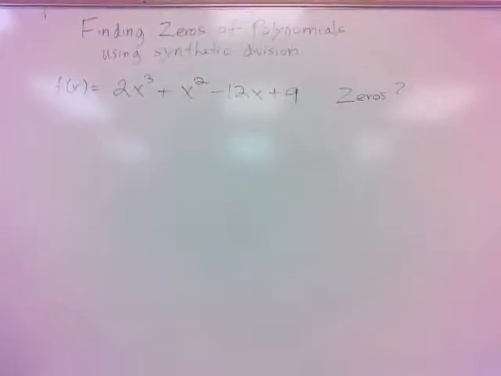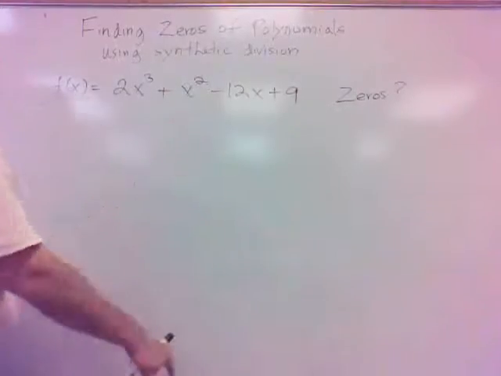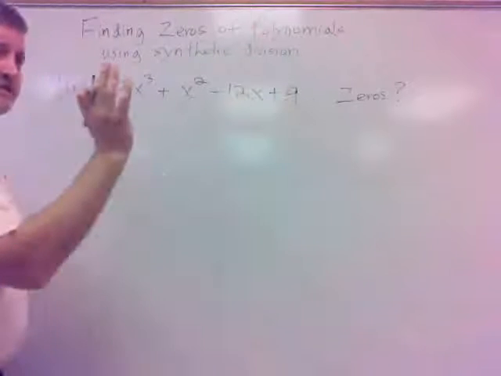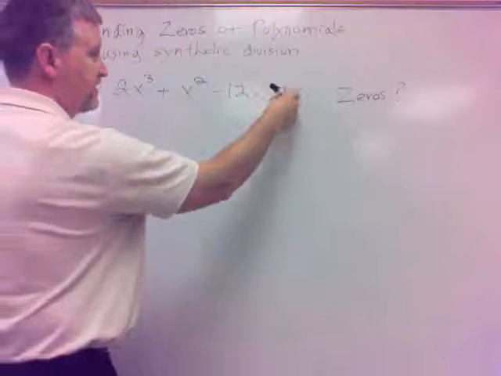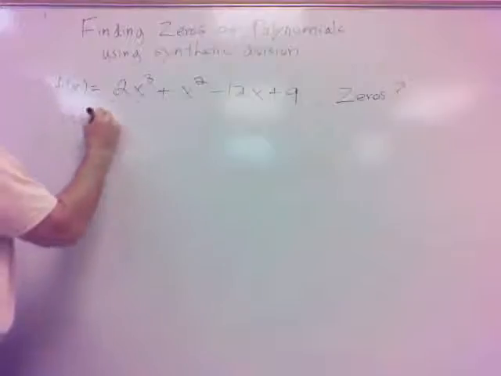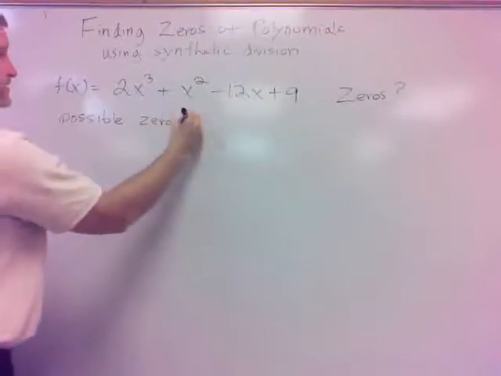However, using some of the things we learned on the last one, what we know is that if I find a zero that's an integer, it's going to be a factor of this. So here's what we can do with that. Let's make a possible zero list.